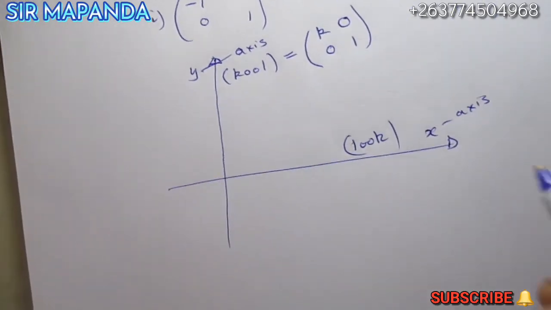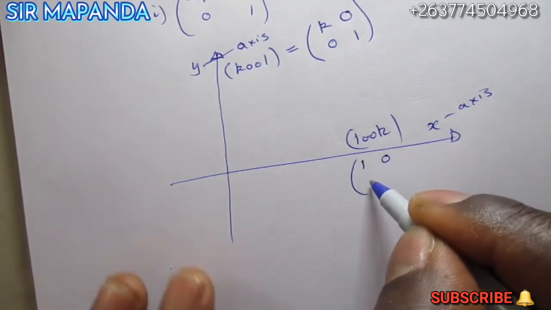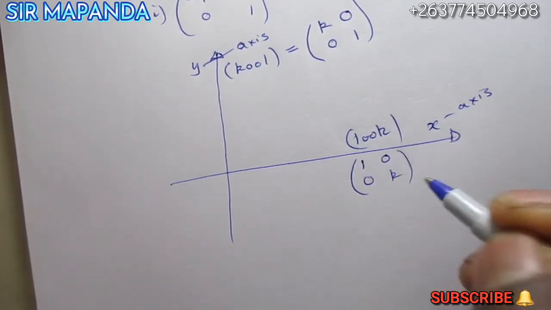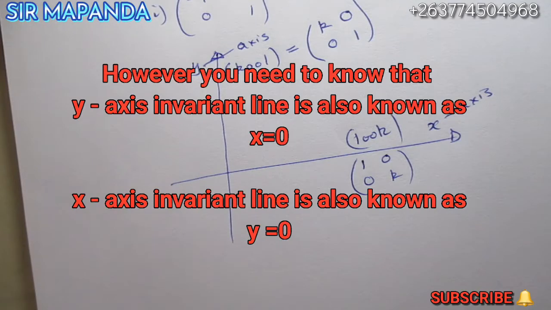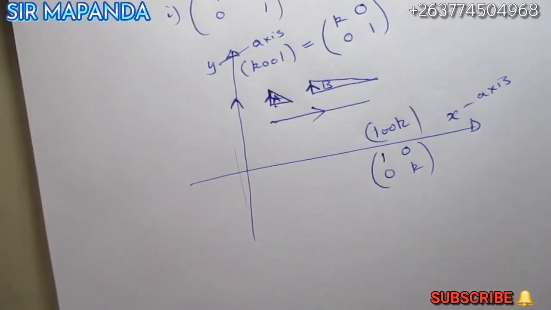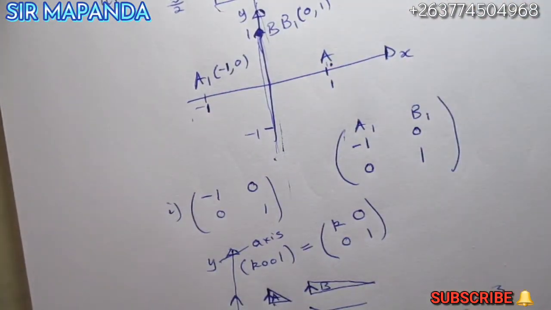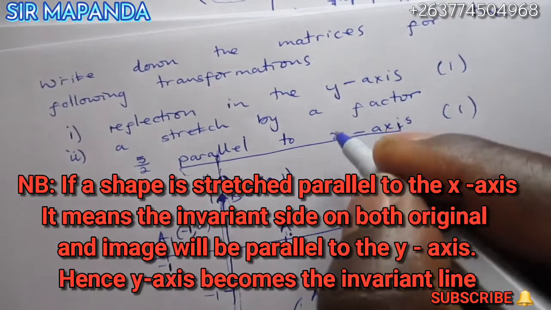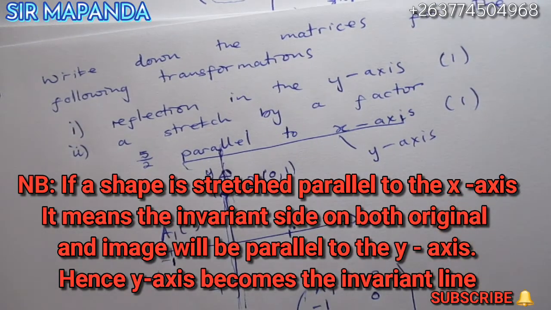Then for x-axis invariant line, the first two letters it's 1, 0, and the last two letters is 0 and K, and they represent the matrix for stretch if x-axis is the invariant line. I hope you are following. Right. If you hear the statement parallel to the x-axis, parallel to the x-axis is as good as y-axis is the invariant line.